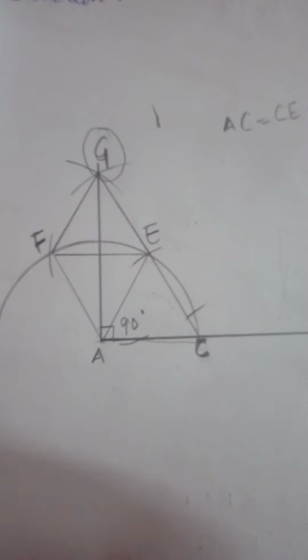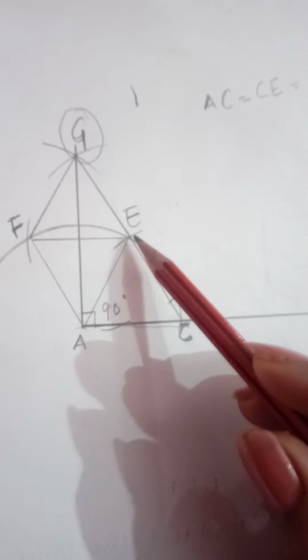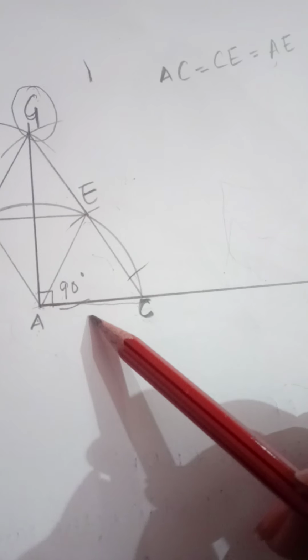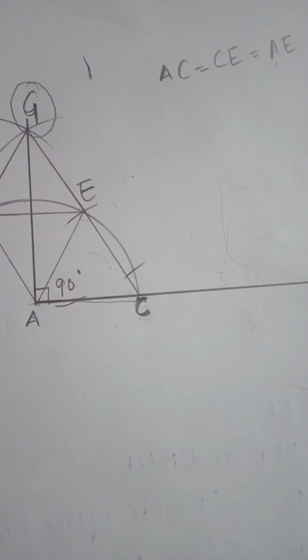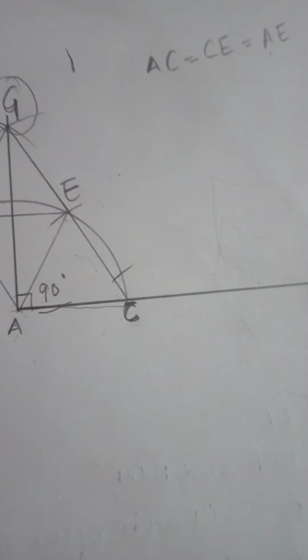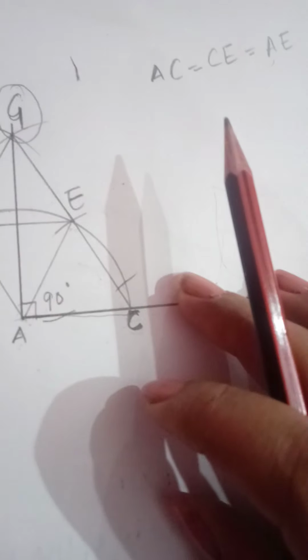All three sides are equal, so triangle ACE is an equilateral triangle. What is the property of an equilateral triangle?